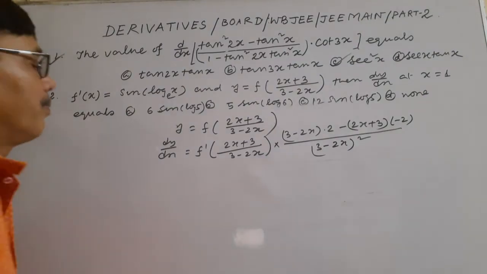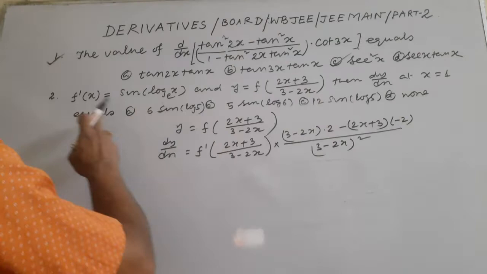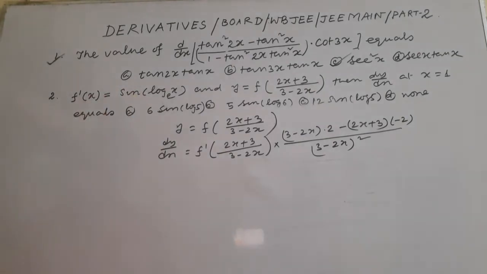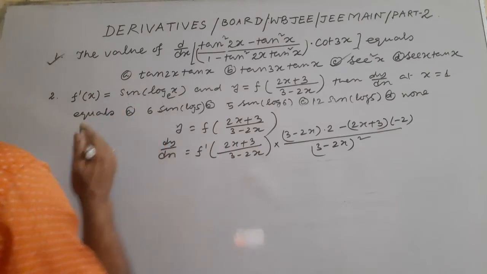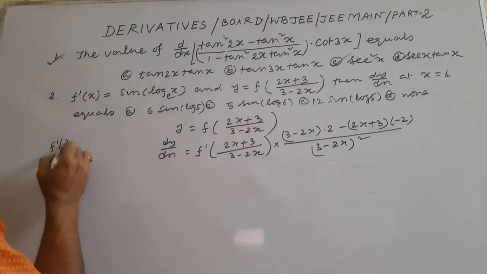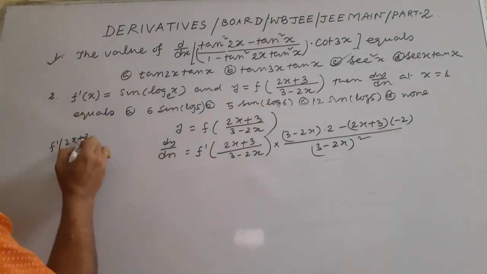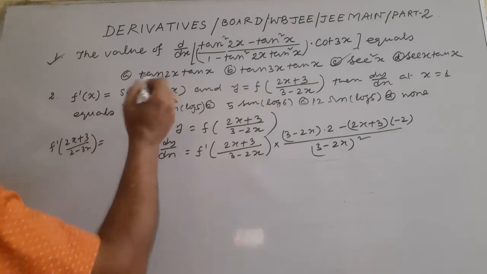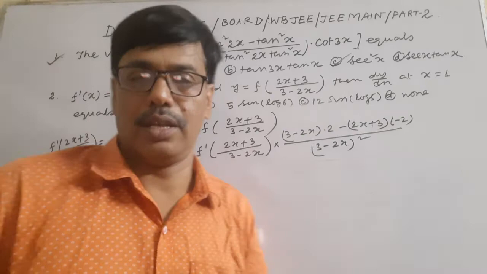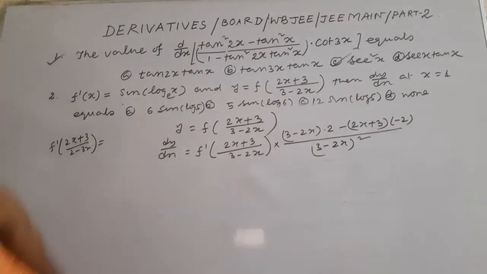Now look, f dash x equals to sin log x. So what is f dash of (2x plus 3) by (3 minus 2x)? So x is replaced by this argument.